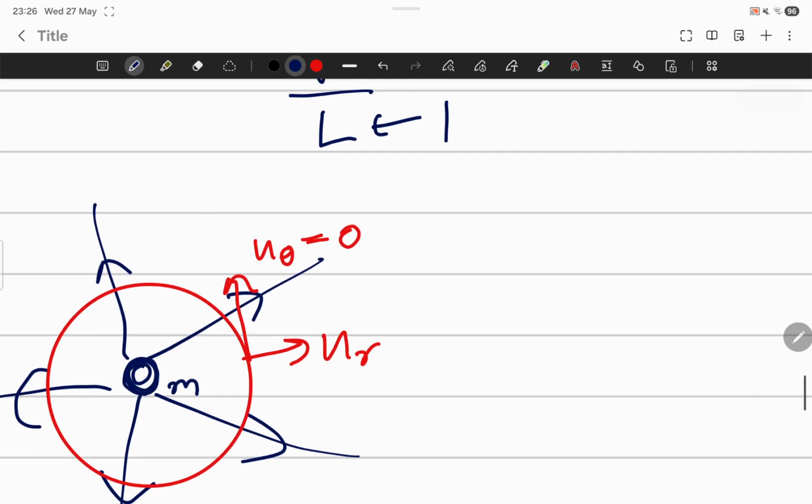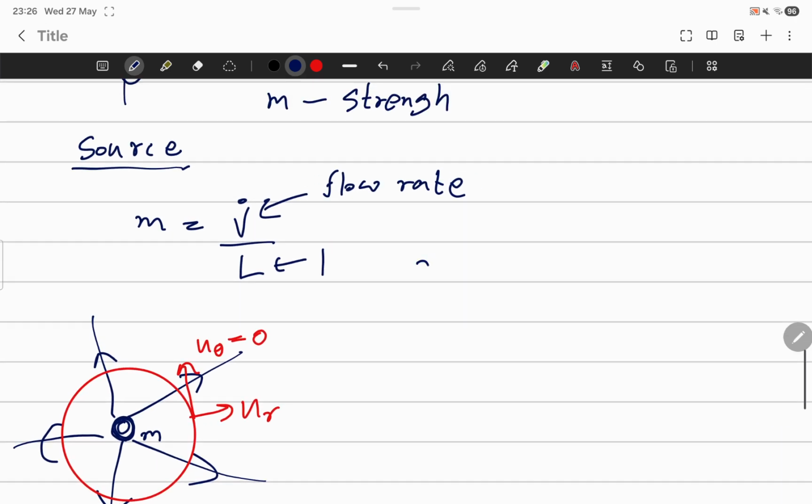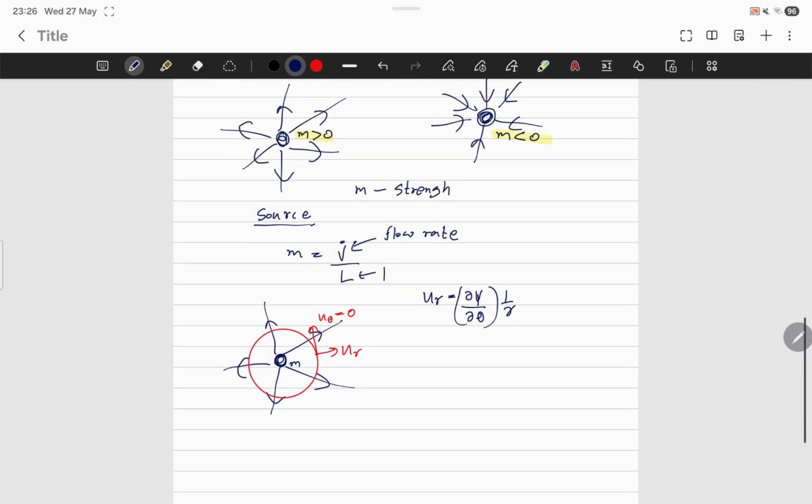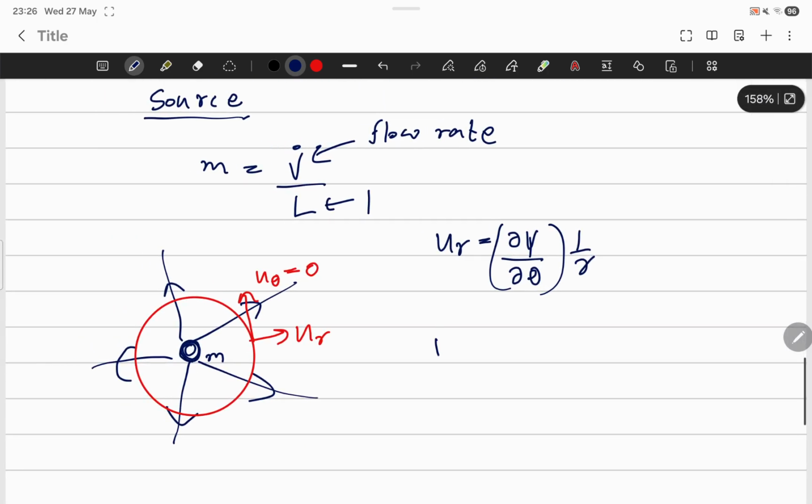So using the polar coordinates, I need to write u r. u r equals partial psi over partial theta times 1 over r, right? Which is written in here. Okay, so I know u r times r is partial psi over partial theta, right?